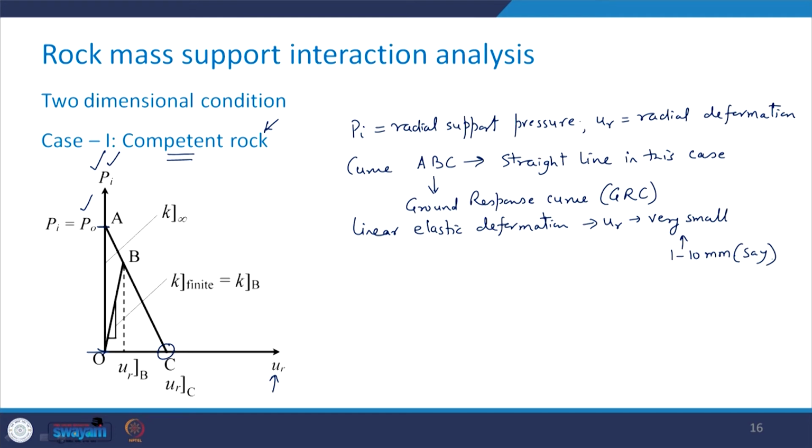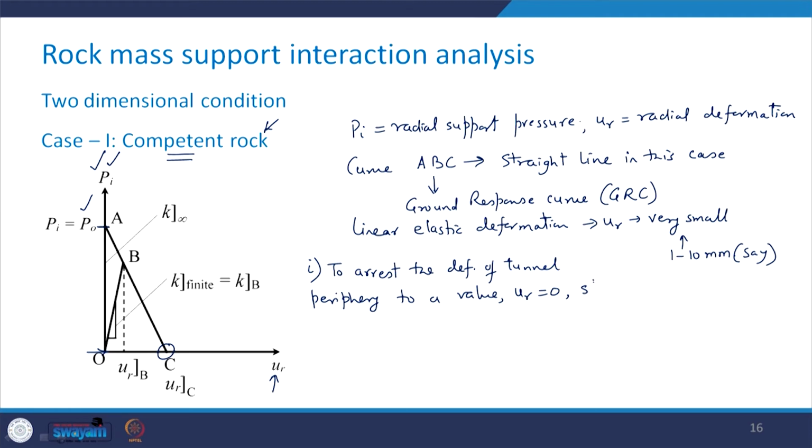Now, if we want to arrest the deformation of the tunnel periphery completely, this means that if we want to have UR equal to 0, that is going to be our first case, that is to arrest the deformation of the tunnel periphery to a value which is UR equal to 0.